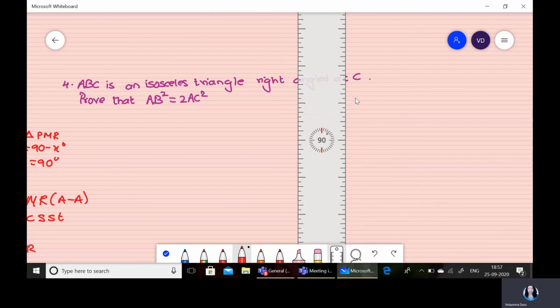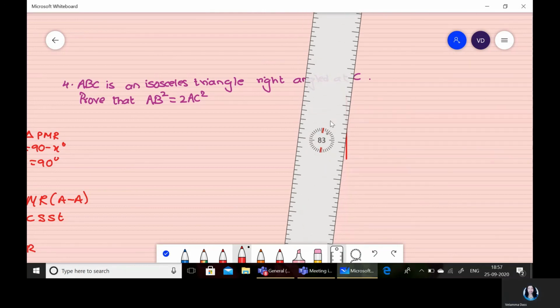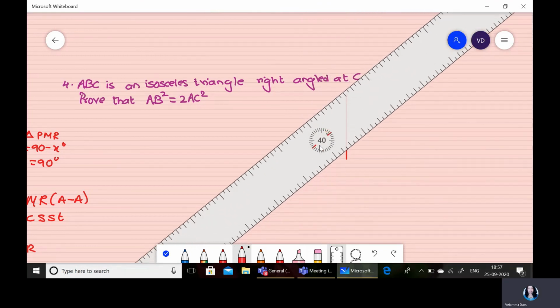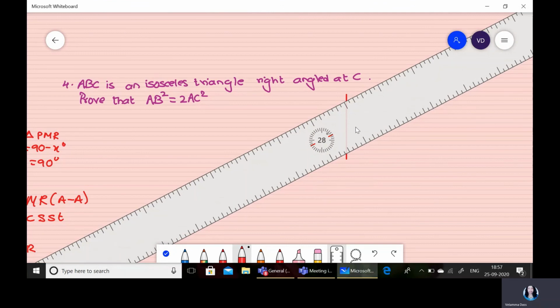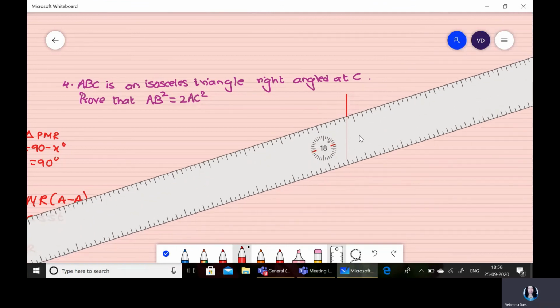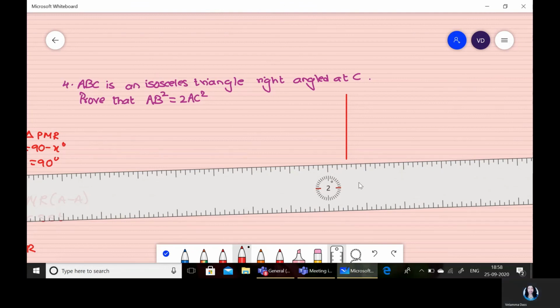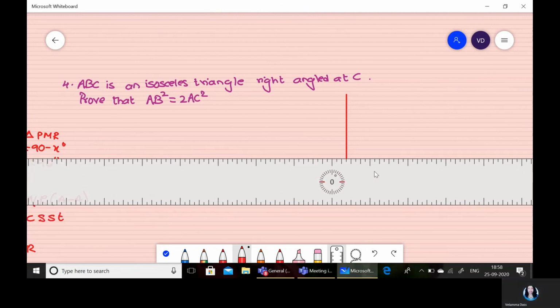So here, let's first draw a right triangle. It's an isosceles triangle, which means two sides are equal, and at the same time it is a right angle triangle. So here we are just taking 90 degrees.